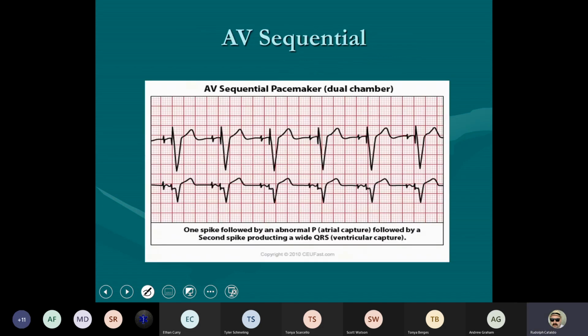Ventricular pace rhythm. As opposed to this, I have a spike right here and I have a spike right here. What's that telling me? It's pacing at the atrial and ventricular sites. It's biventricular, so it's pacing both parts. It's pacing the atrium or the SA node, and it's pacing the ventricles.